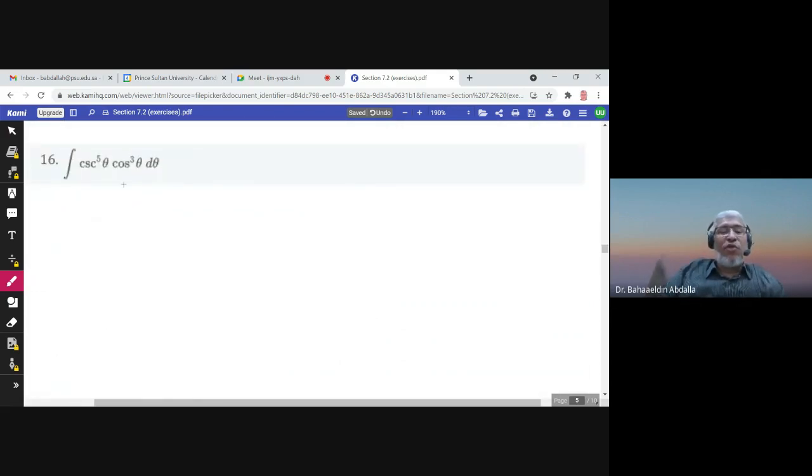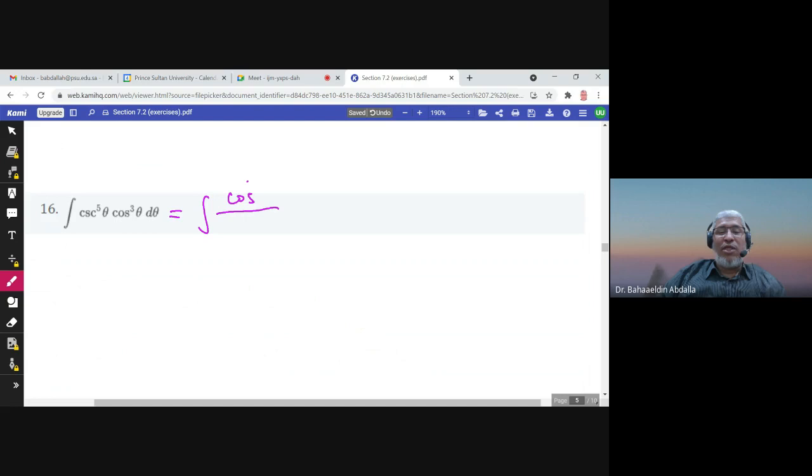We have cosine cube but cosecant. So let me first write it as, cosecant is the reciprocal of what? Of sine. So cosecant is 1 over sine. So actually, this is the integral of cosine 3 theta over sine to the power 5 theta d theta.